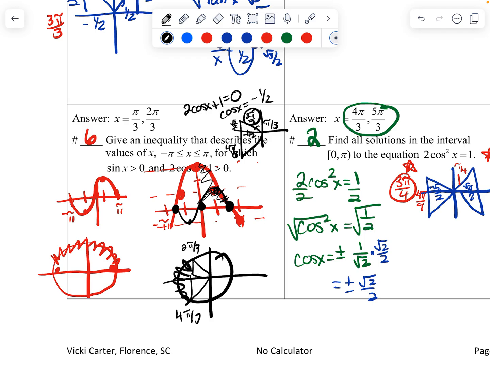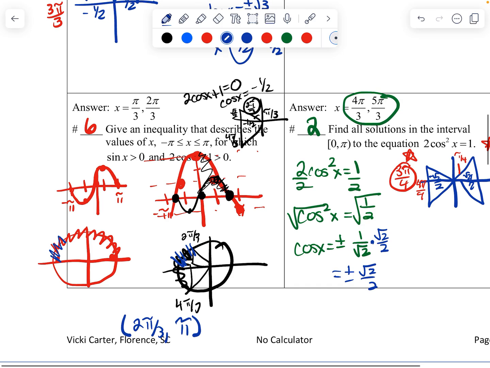So where's the only place where they're both greater than 0? We can see on the unit circle it's here, right? And that would be here. So that would be in between 2 pi over 3 and pi. So let's see if we can find that one somewhere.